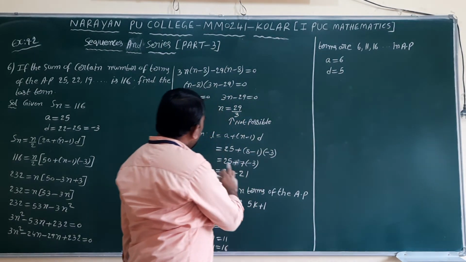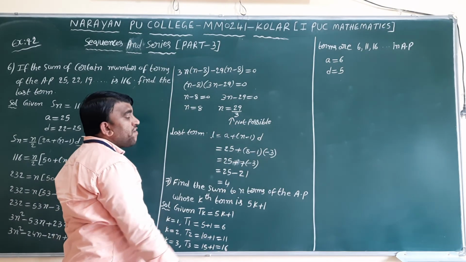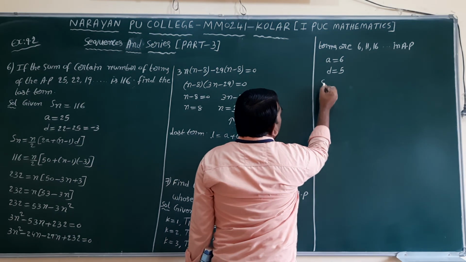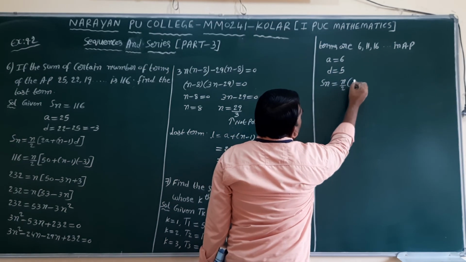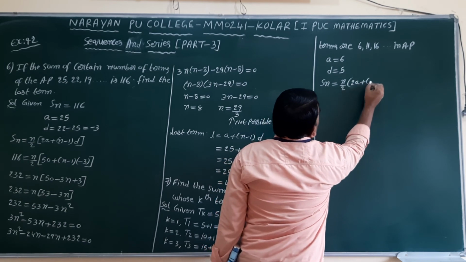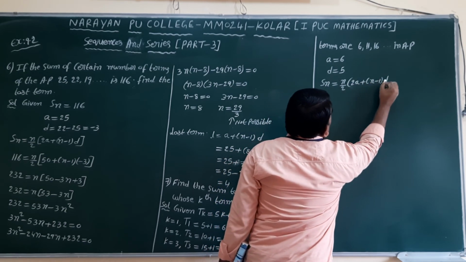It is asking the sum of n terms. Sn equal to n by 2 into 2a plus n minus 1 into d.